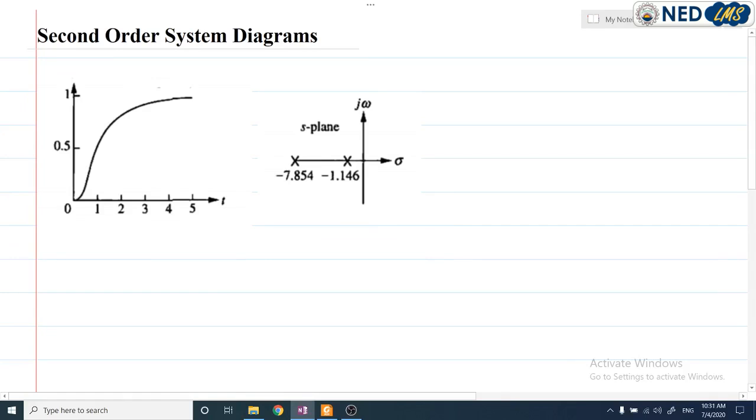If there are overshoots in this response, then it will look like this, and these are the oscillations. So here in this response there are no overshoots and no oscillations.